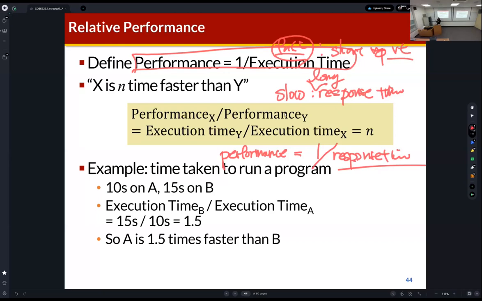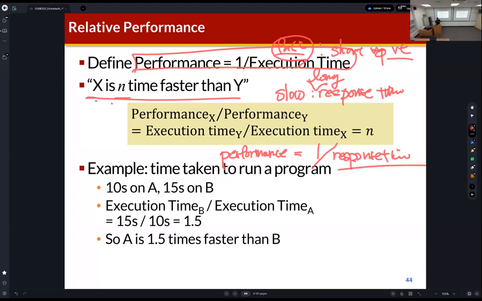Then how can we compare the performance of two different computer systems? For example, computer system X is n times faster than Y. In order to compare the performance, we compare the response time, right? Firstly, we need to measure the response time of the two computer systems X and Y. This is the equation.